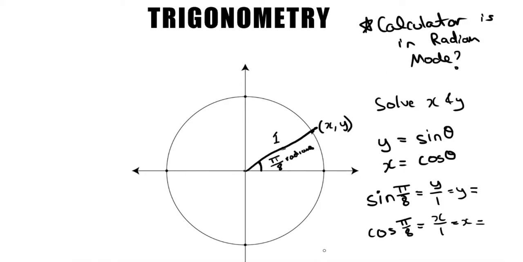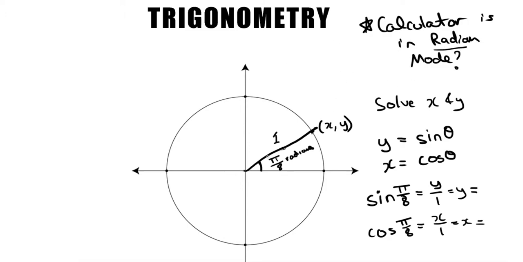Because if you calculate this in degrees, then pi over 8 in degrees, it's basically going to take pi, which is like 3.14 and so on, divide that by 8, and this is approximately 0.39, and it's going to say find the sine of 0.39 degrees, which is obviously, does that look like 0.39 degrees? No. So you don't want that. So whenever you do this, make sure you're doing it in radians, okay?